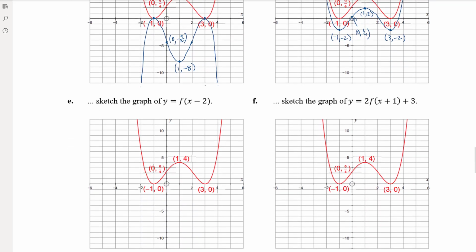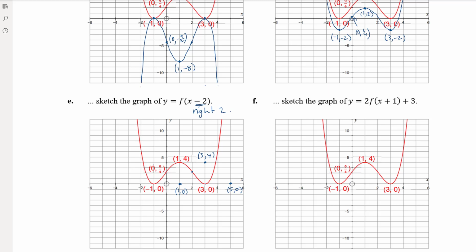Sketch the graph of f(x - 2). So subtracting the 2 inside the function is going to the right by 2. Again, moving your points to the right by 2, (3, 0) now goes to (5, 0). (-1, 0) goes to (1, 0). (1, 4) goes to (3, 4). (0, 9/4) goes to (2, 9/4).